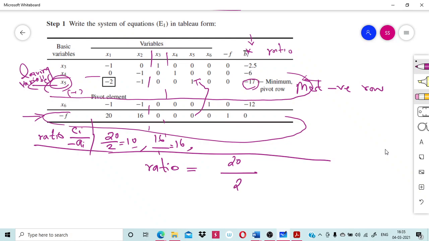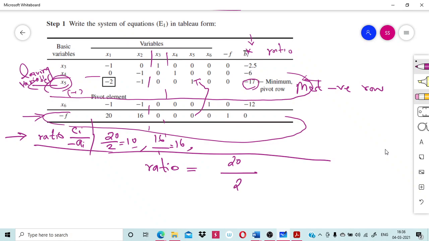You observe this ratio row and neglect all the negative values. You consider only the positive values, and among those positive values, whichever is minimum, that you consider.